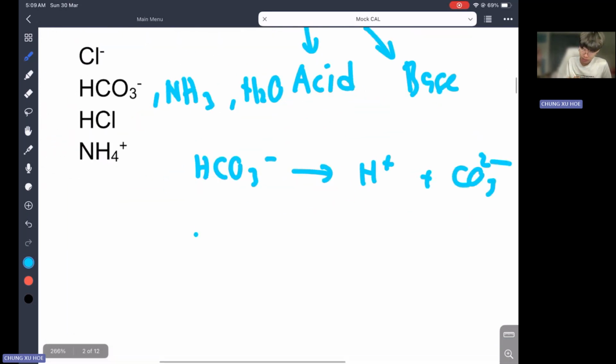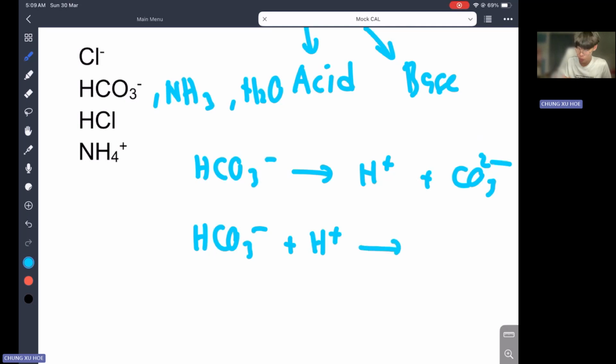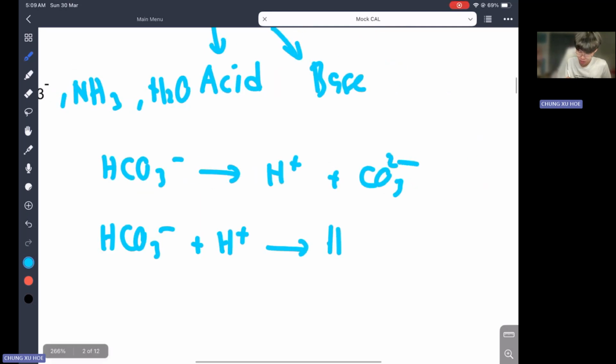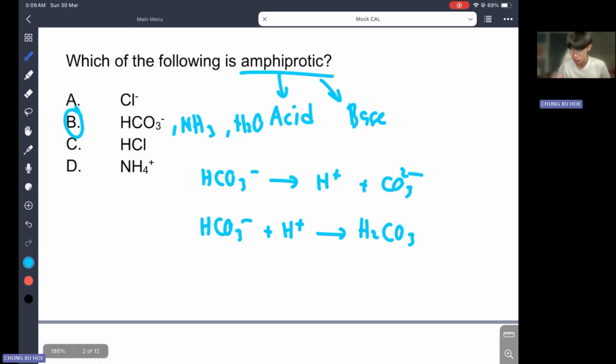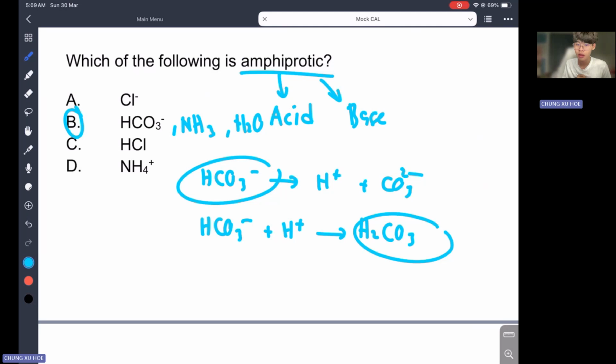Here, if HCO3 minus is a base, I gain hydrogen, right? What will I become? H2CO3. You see this thing? This is what it means by amphiprotic substance.